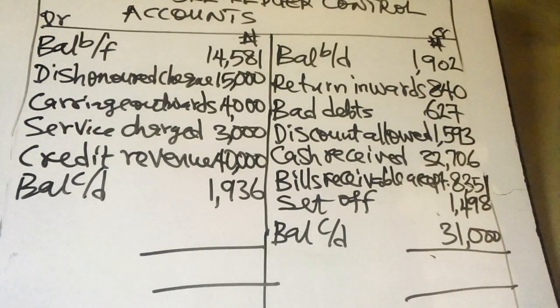So on the debit side, I'm adding 14,581 plus 15,000 plus 4,000 plus 3,000 plus 40,000 plus 1,936. Then the total is 78,517.